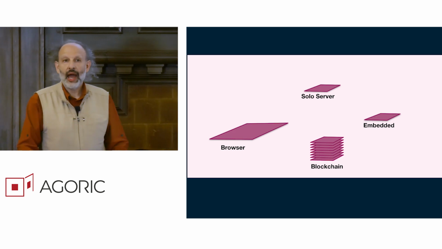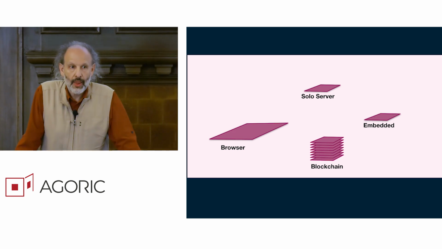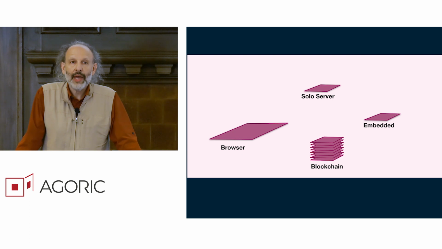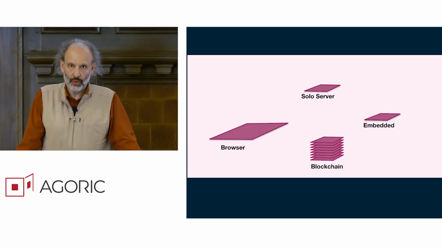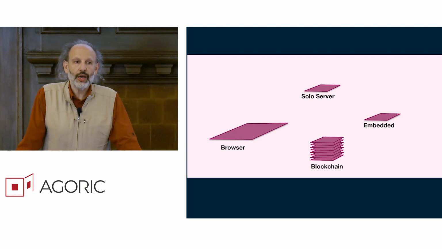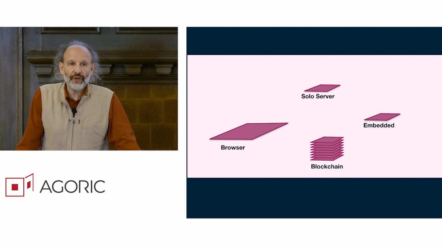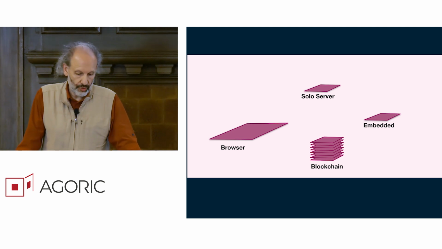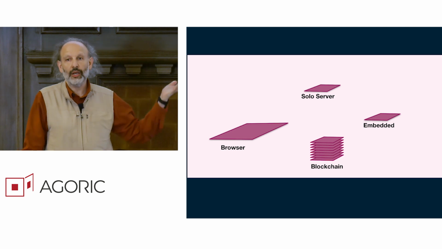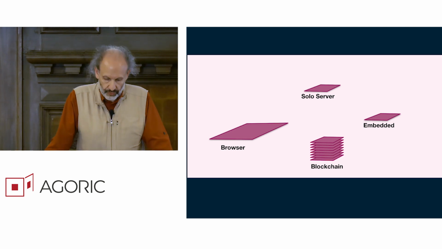JavaScript, the language, has no I/O. It's essentially a pure computational language where all I/O, all ability to cause effects in the world, is provided by the host. And JavaScript has several very different hosts. Of course, JavaScript started in the browser.